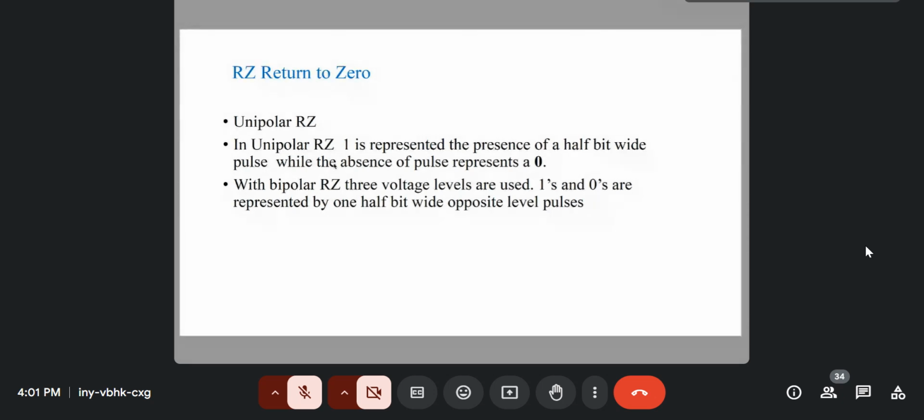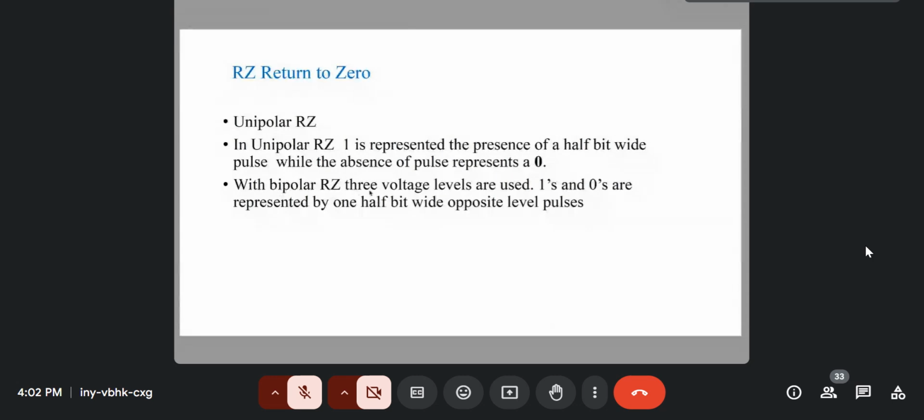So the next one is return to 0. There are two: the unipolar return to 0 and the bipolar return to 0. Unipolar just has a half-bit wide pulse, or the absence of the pulse represents 0.